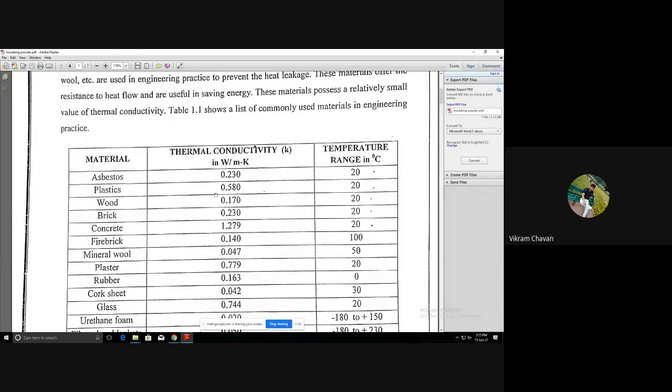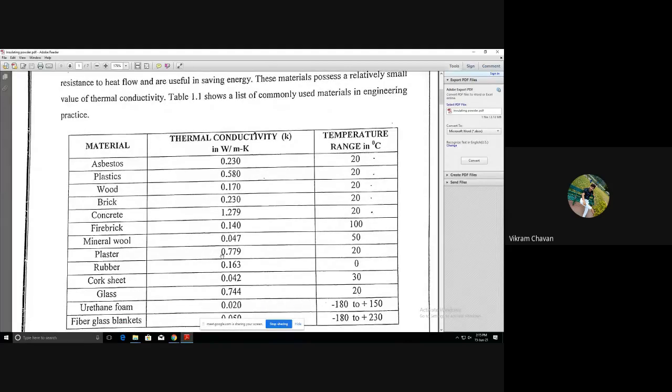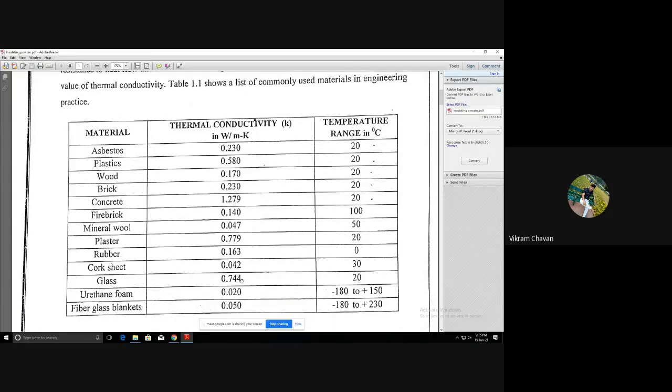Then plastic 0.580, wood 0.170, brick 0.230, concrete 1.279, then fire brick 0.140, mineral wool having a thermal conductivity of 0.047, then plaster 0.779, then rubber 0.163, then cork sheet 0.042, then glass 0.744, then urethane foam 0.020, fiberglass blanket 0.050.